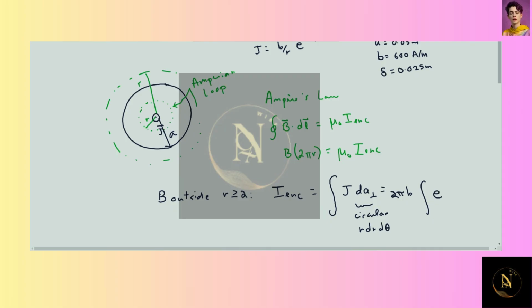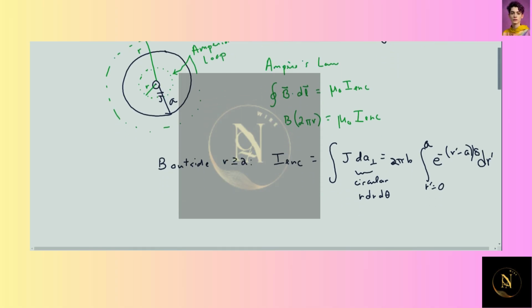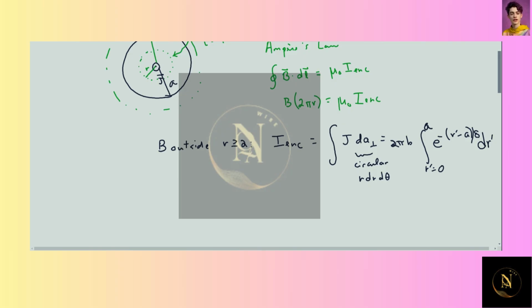And I'm going to give the r inside the integral a prime on it, just so we distinguish it between the r in the integral versus the r on the left-hand side of Ampere's law. And we'll integrate over the whole circle inside the wire.